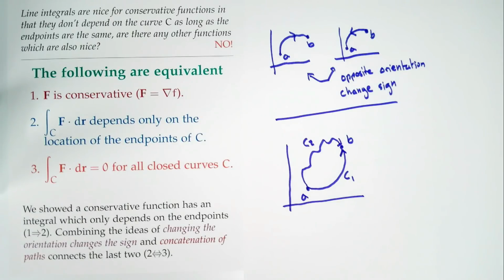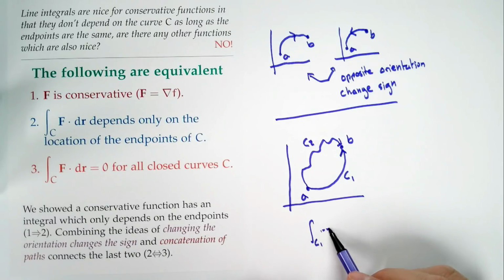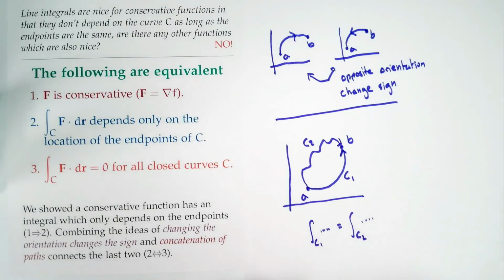Well, what's true? If it doesn't matter what endpoints I pick, it means the integral along curve 1 of f dot dr is the same as the integral along curve 2 of f dot dr. Now, here's the key.